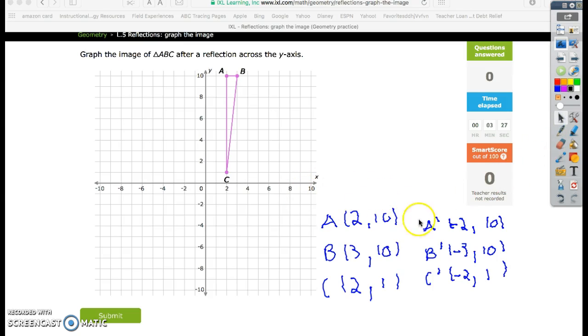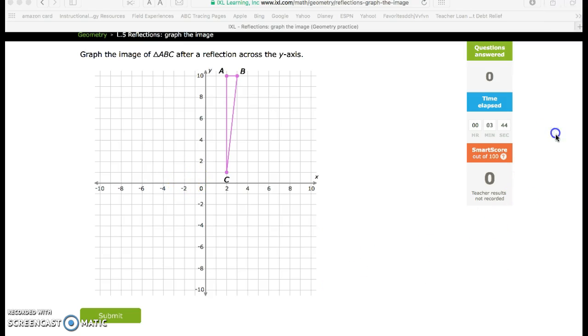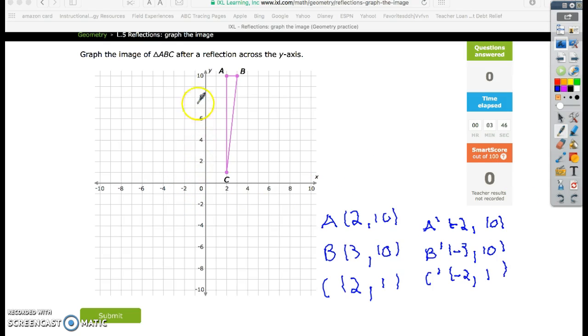Then on my IXL, I would take these points and plug those back in. So if I'm reflecting across the y-axis, that's this right here, the straight up and down vertical line, I would go to negative 2, 10. Then I would go to negative 3, 10.